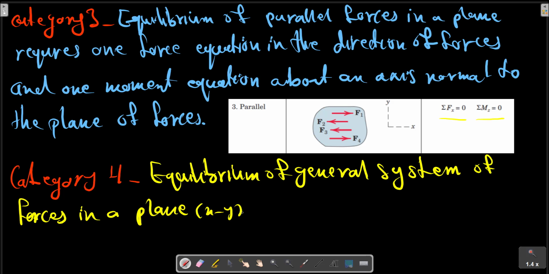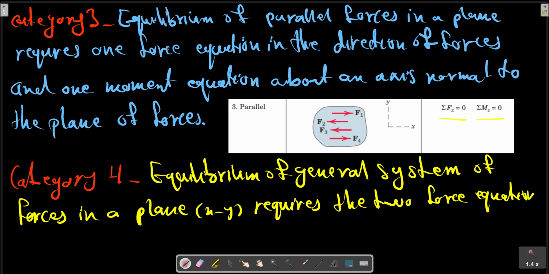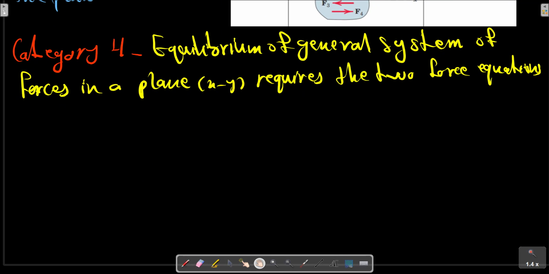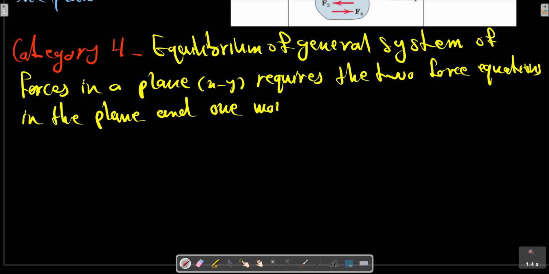For example, in XY, requires the two force equations in the plane and the one moment equation about an axis normal to the plane.